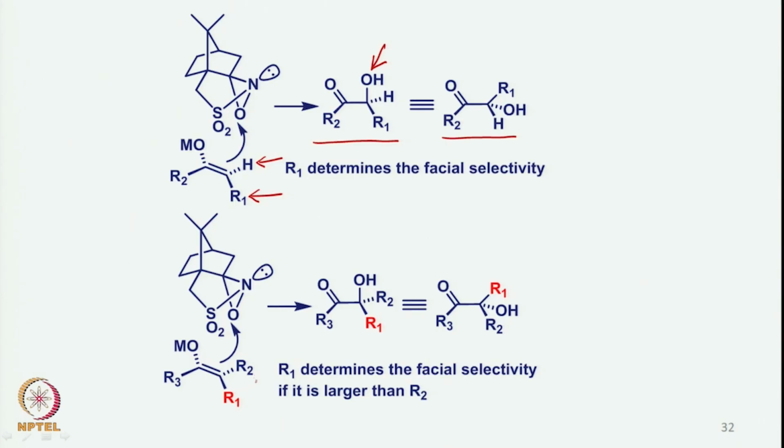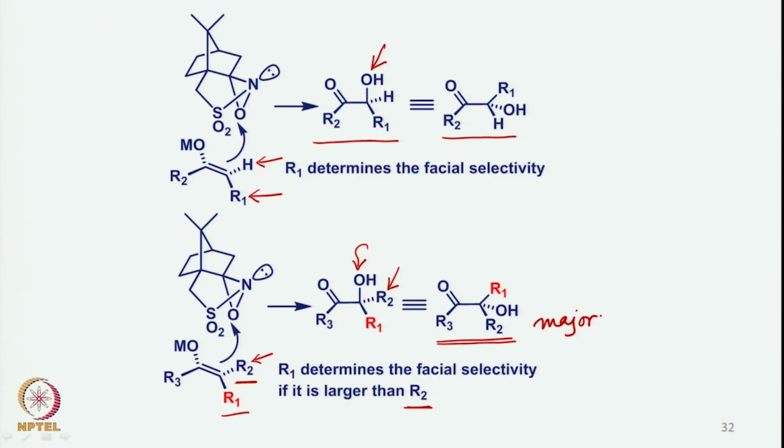Now if we have a substrate like this where there is no hydrogen, but there are two different substituents, R1 and R2, and if R2 is smaller, that means R1 is large, then the R1 group will come towards us, and between the two, the smaller R2 group will go on the back side, and accordingly the hydroxy group will come from the top when the smaller group is on the back side, and we get the chiral molecule having a configuration of this kind as the major product. So you have a major product.